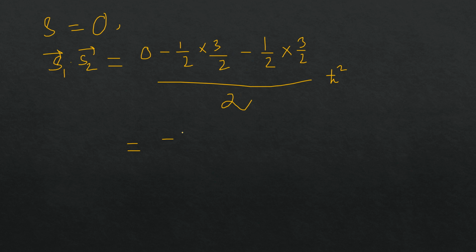That is minus 3 by 4 h cut square. This is for S equal to 0.